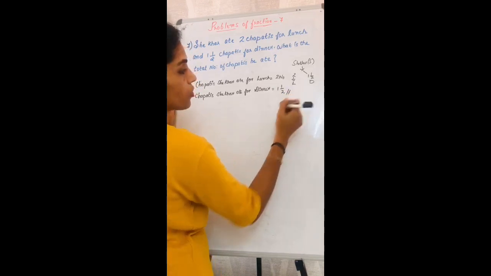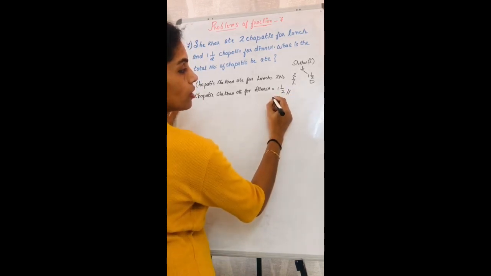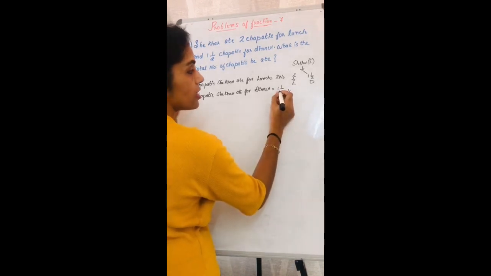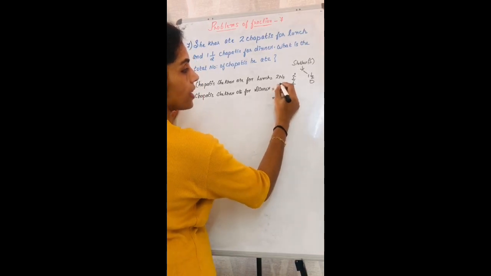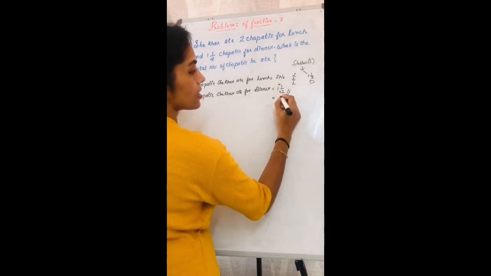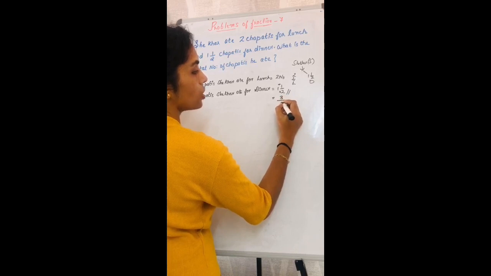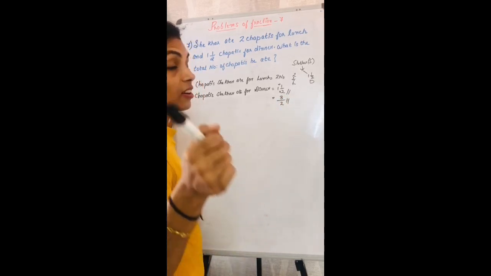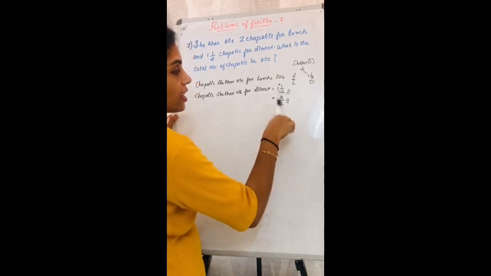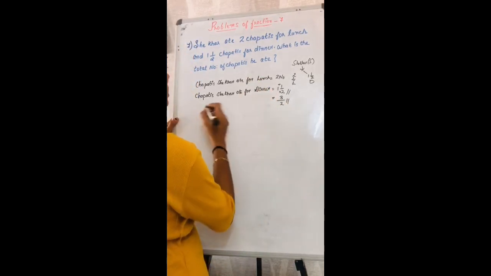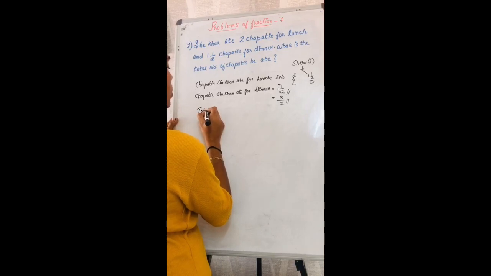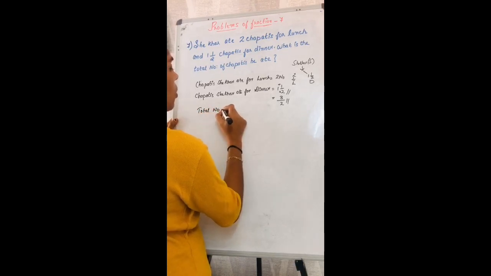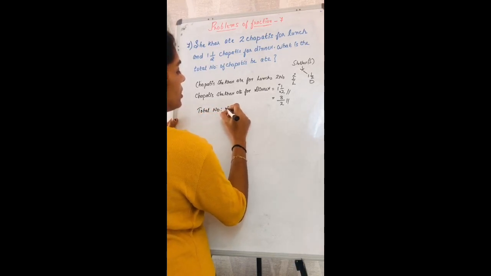When you get a mixed fraction, what you have to do? You have to convert it into an improper fraction. That is 2 into 1, the answer plus 1. That is 3 by 2. You got an improper fraction. What is an improper fraction? When the numerator is greater than the denominator. Now it's easy for you to add the total number of chapatis.